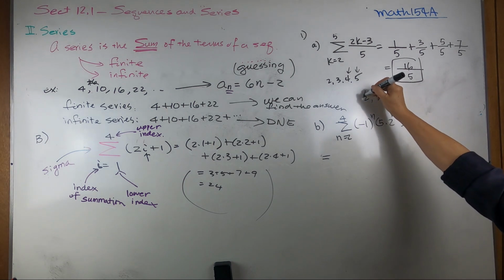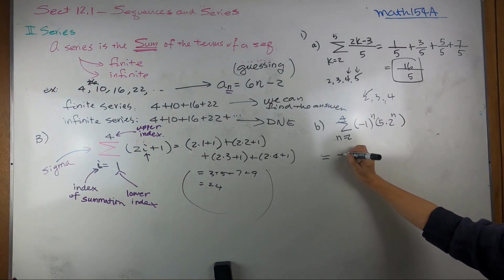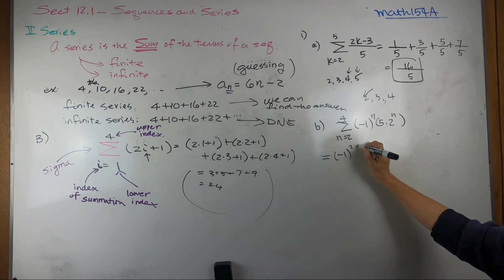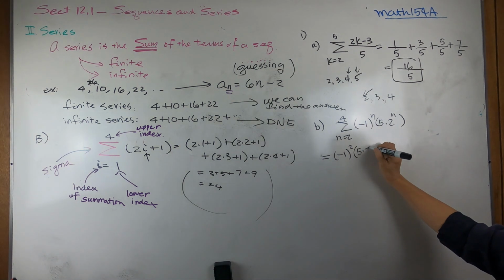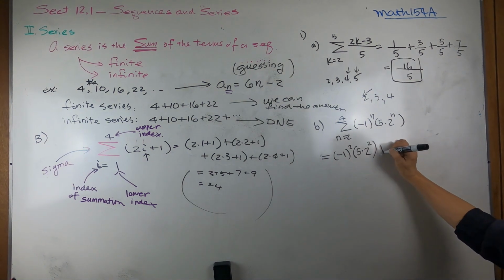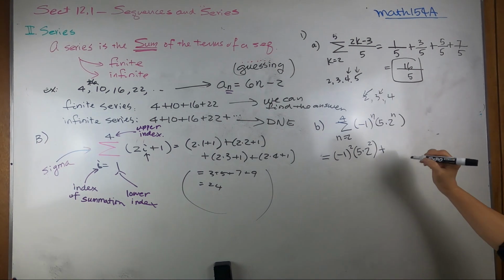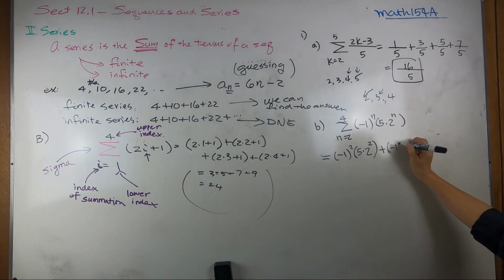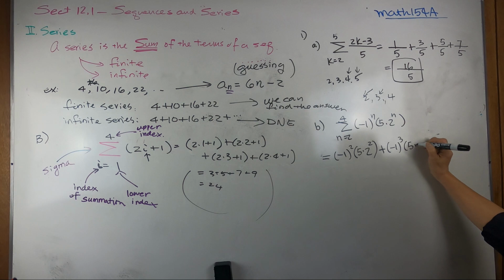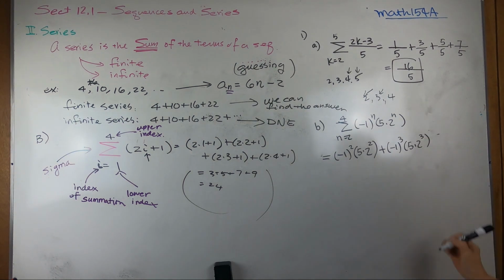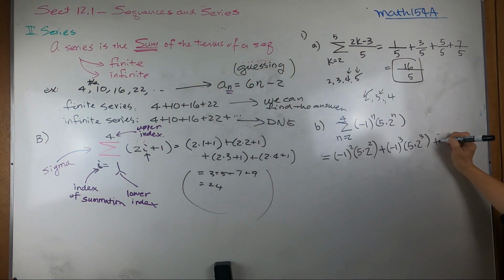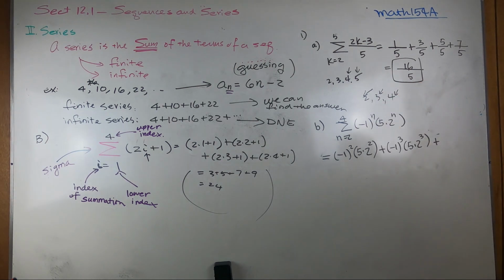So when n is 2, what do you have? Negative 1 to the 2 power times 5 times 2 to the 2, right? Second term, n is 3. That would be negative 1 to the 3 times 5 times 2 to the 3 power, right? Next term, n is 4.